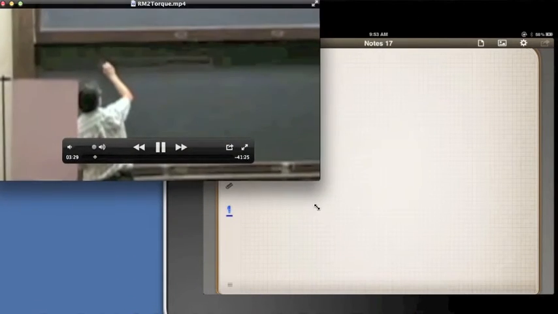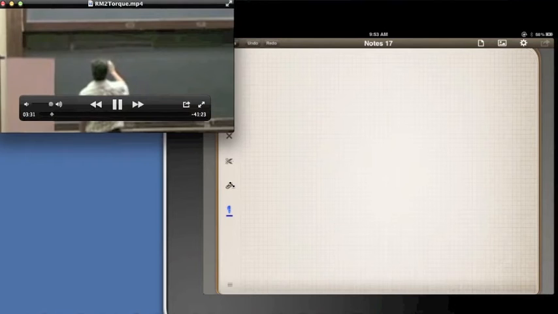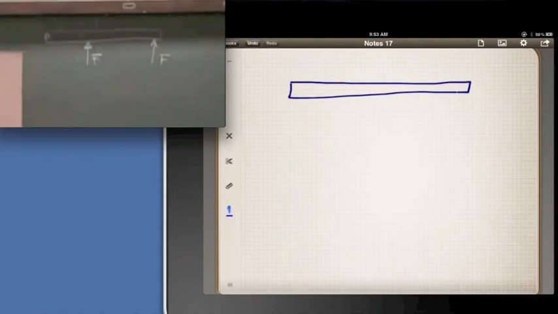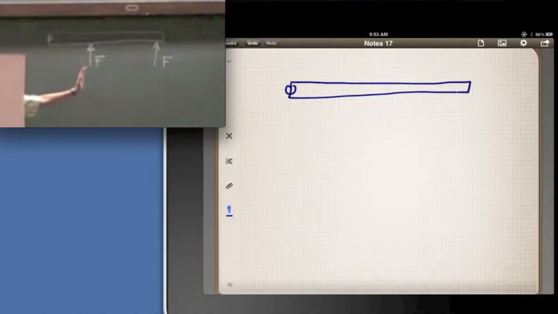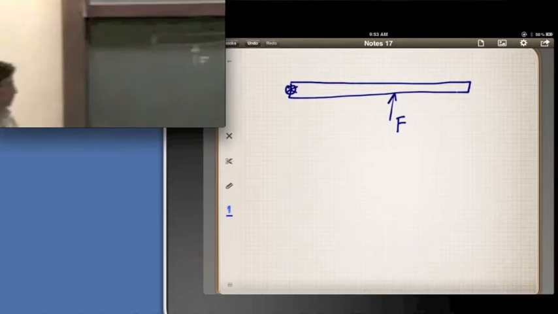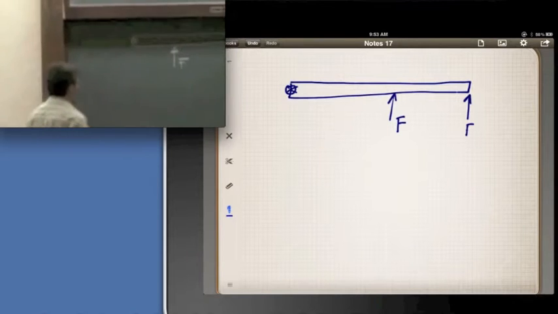This is going to be the axis of rotation. And we're going to apply the force. We're going to compare two forces, one applied closer to the axis of rotation, one force acting far away from the center of rotation, right?